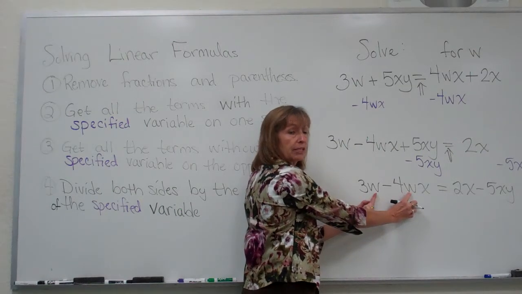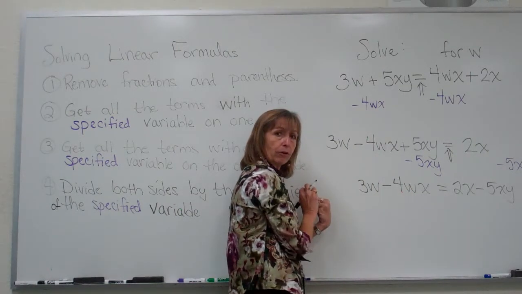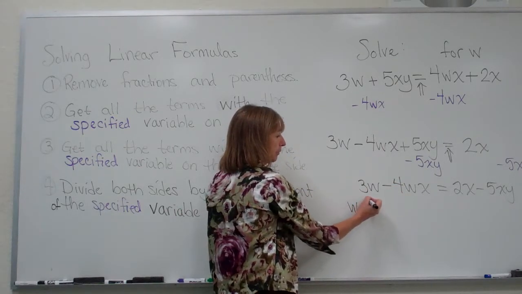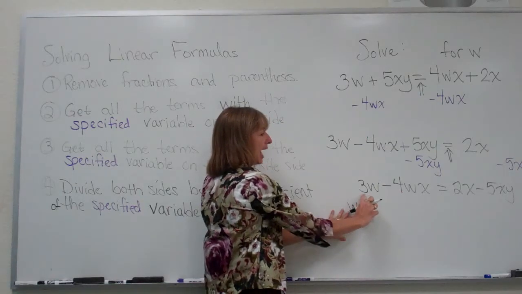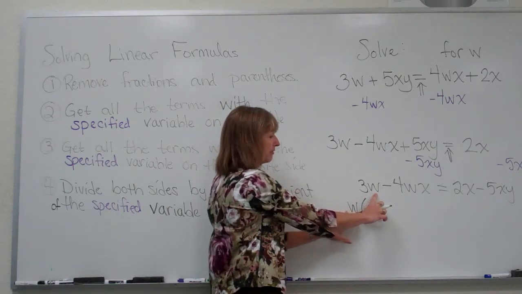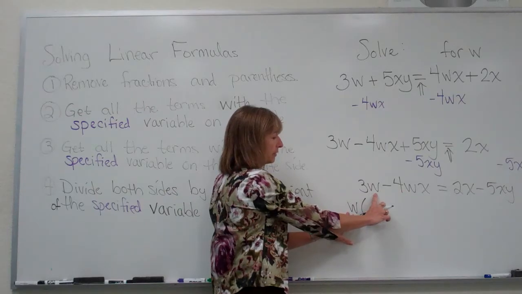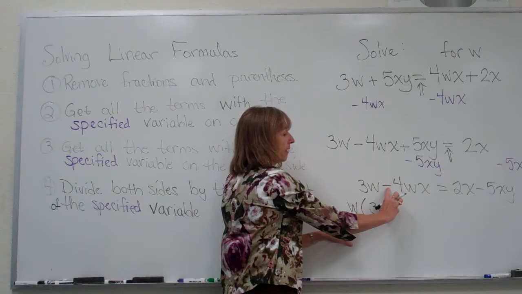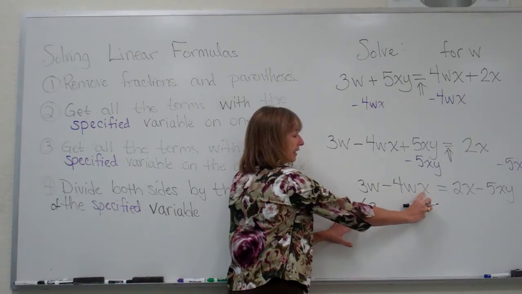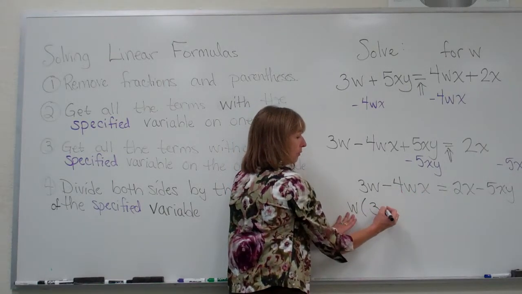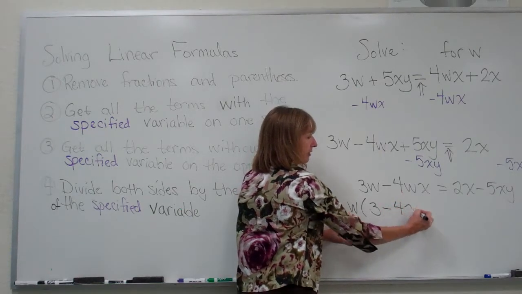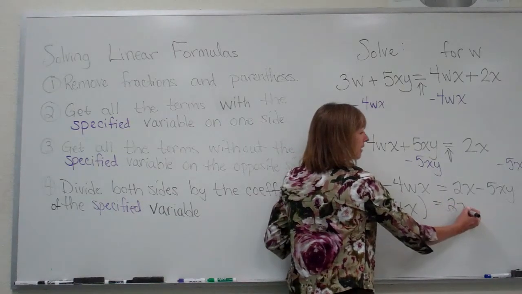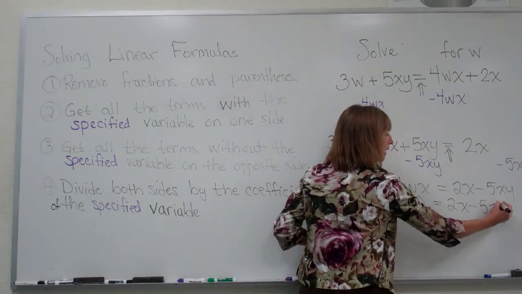So what we can do is use the distributive property in reverse, or factor out that common factor of w that we've created. So if we had 3w in our first term and we divide out our specified variable w, we would be left with a 3 in this first term. And if we had a minus 4wx in the second term and we divided out the w, we'll have a minus 4x as our second term. And then close our parentheses, is equal to 2x minus 5xy.